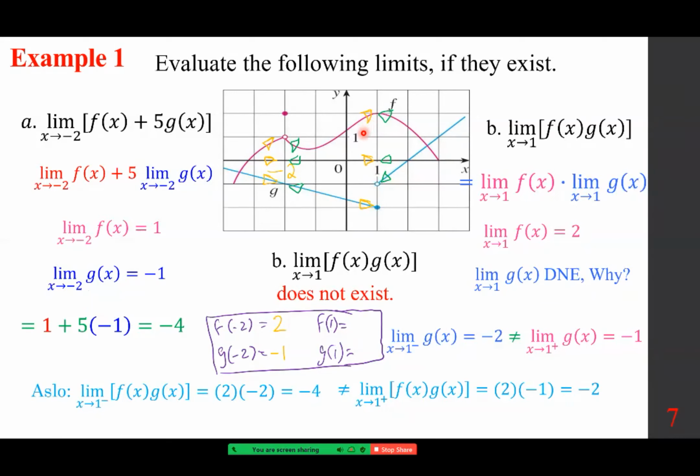F of 1, again, it's continuous, so precisely the answer here, the same as the limit, which is 2.